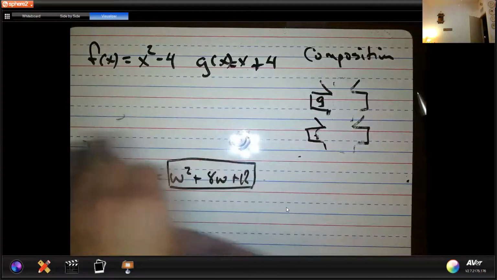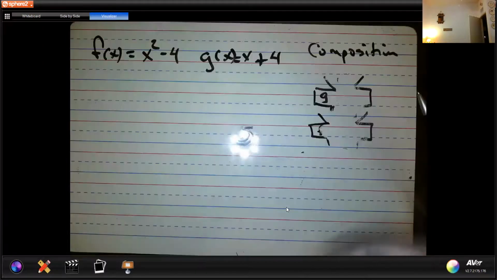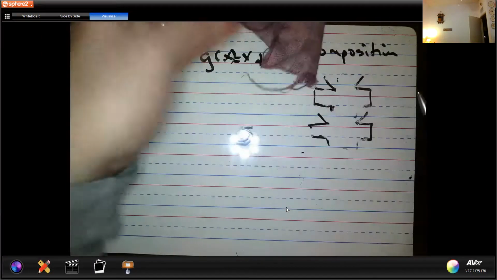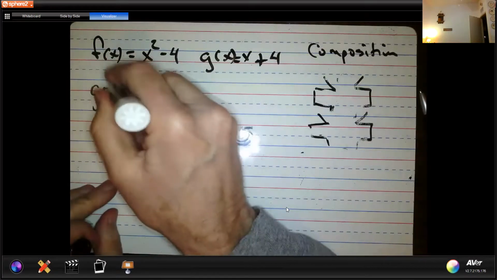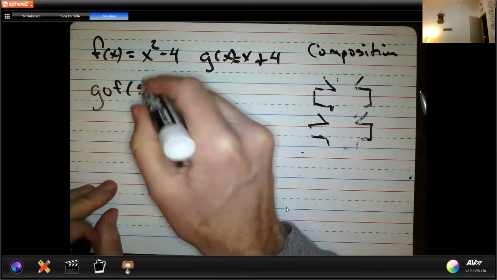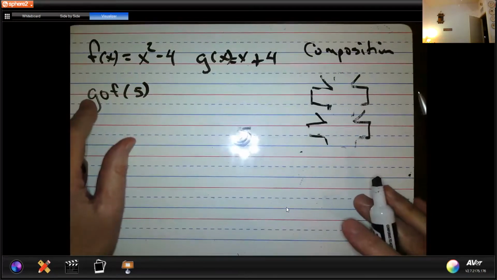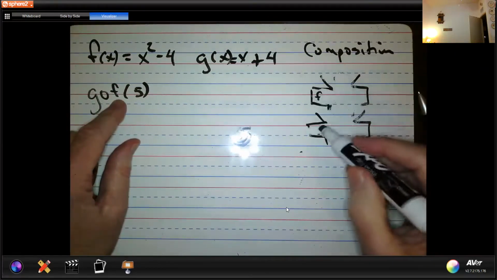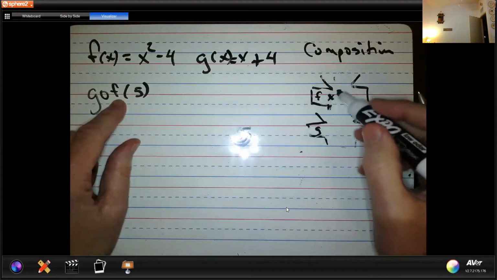Well, instead of doing F circle G, what if it said do G circle F? Remember, the way you read this is G follows F. That means F is first and G is second. So it's the opposite of what we just did.